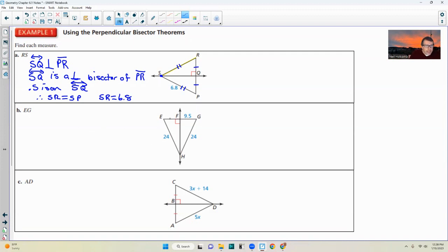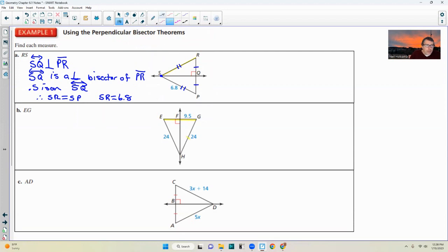B, segment EG. We want to know what the length of EG is, let me highlight it. I didn't use a thick enough highlighter last time, so let me go a little thicker. We want to know how long EG is. Okay, so what were we given? EH is congruent to GH.